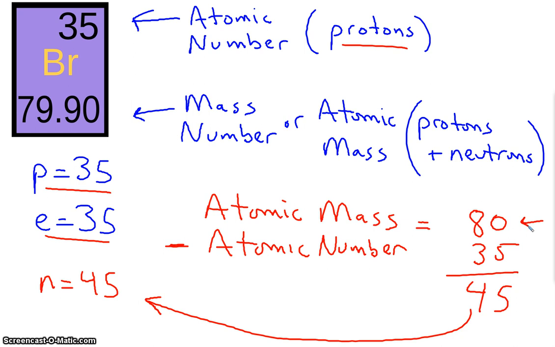Remember we said we rounded 79.9 up to a whole number, minus the atomic number, which is the number of protons. And when we do that, we're left with just the number of neutrons, and we get the number of neutrons equals 45. So just by using these two numbers, the atomic number and the mass number, we can find the number of protons, electrons, and neutrons in any element from the periodic table as we go through there.